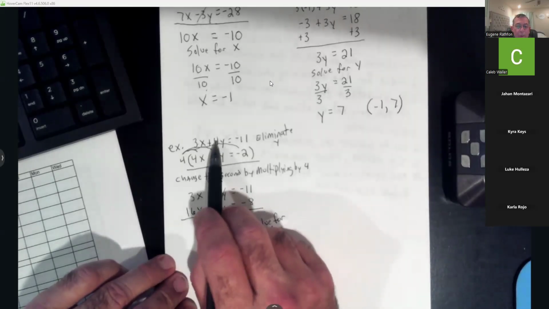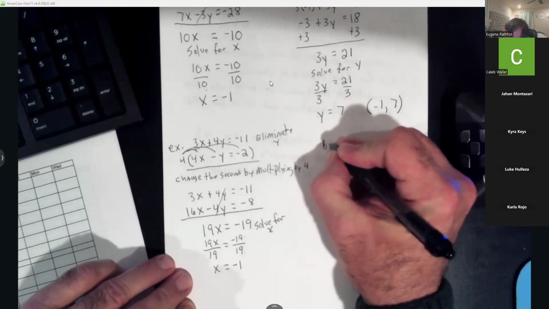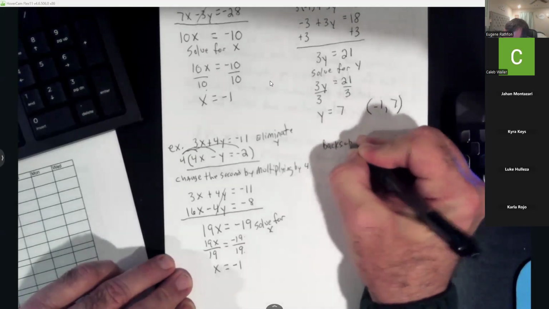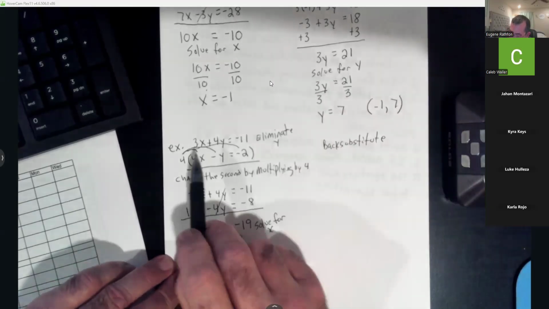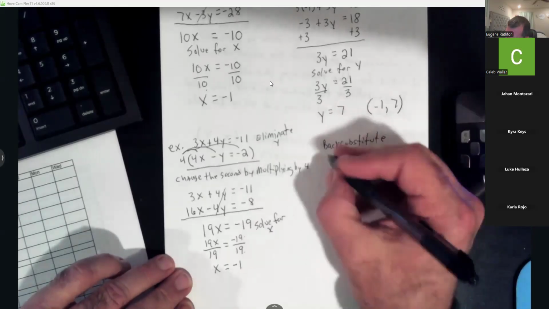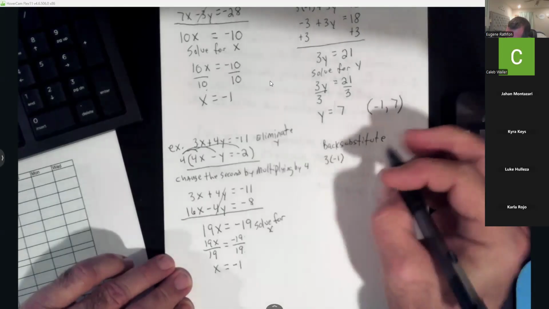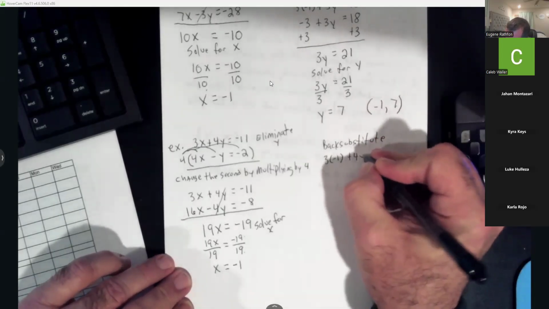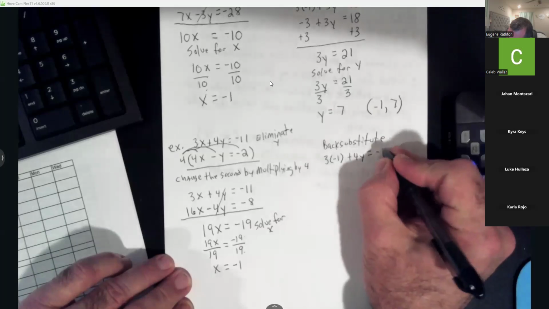So I can pick one of these two original equations and back substitute. So y'all, I'm just going to use that first one again. I got 3 times x, which is -1, plus 4y has to equal a -11.